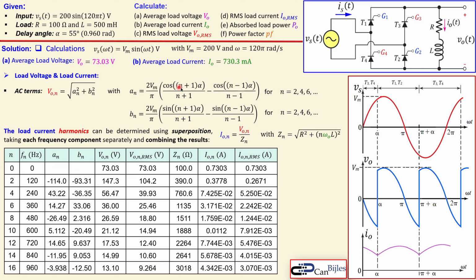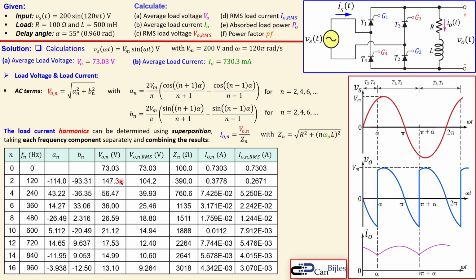When you substitute here n equals 2, the alpha, and our VM of 200 volts, you get minus 114.0, and the other one is minus 93.31. Then you take these two values and substitute in this formula. You square it here, square there, add them up, and then take the square root. And that will result in 147.3 volts here for the second harmonic.